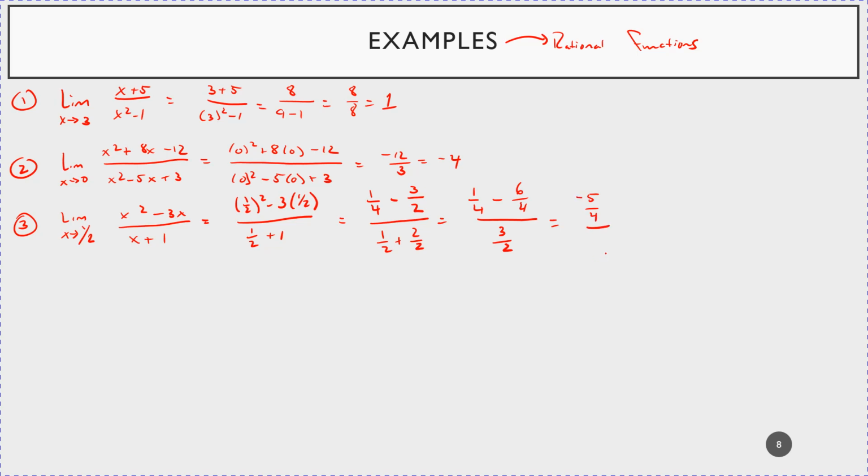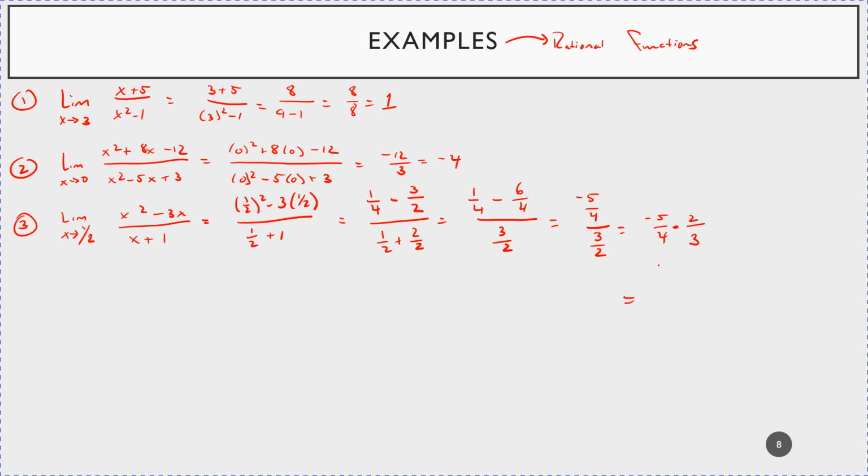Excuse me, negative 5/4 divided by 3/2. So then I have a fraction divided by a fraction, so this becomes keep minus 5/4, change the division to multiplication, and flip this. This becomes 2 over 3. So now just multiply.